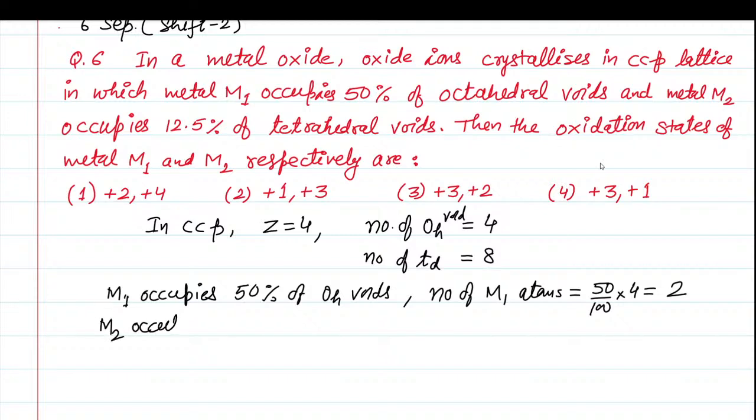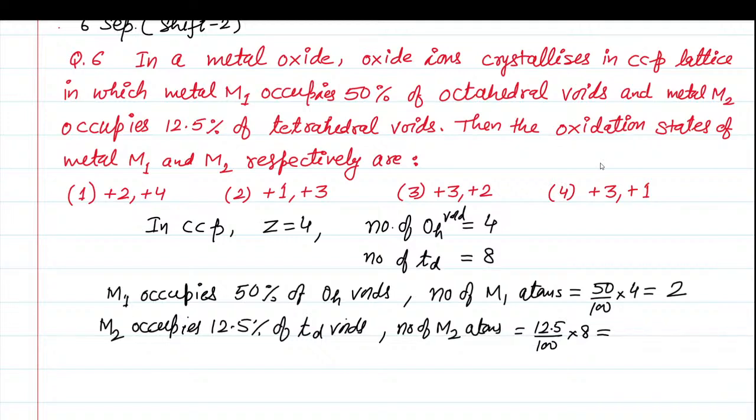M2 occupies 12.5% of tetrahedral voids. That means number of M2 atoms is equal to 12.5% of 8. 12.5 into 8 is 100. That means it comes out to be 1, because 12.5 into 8 is 100.